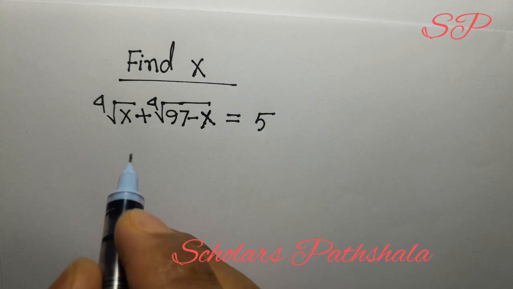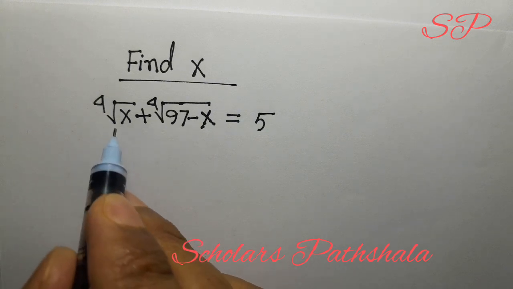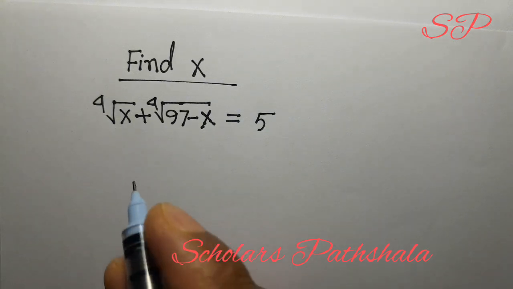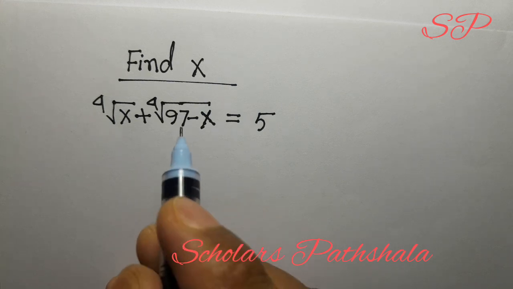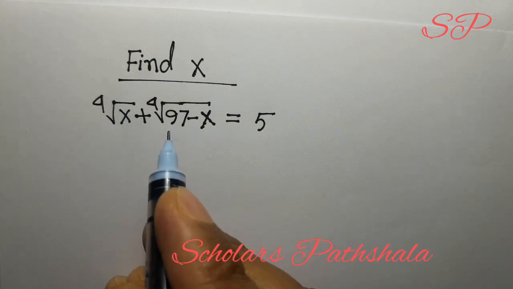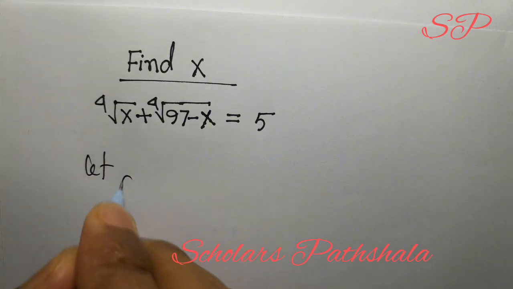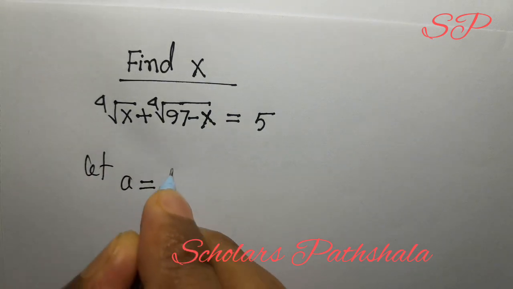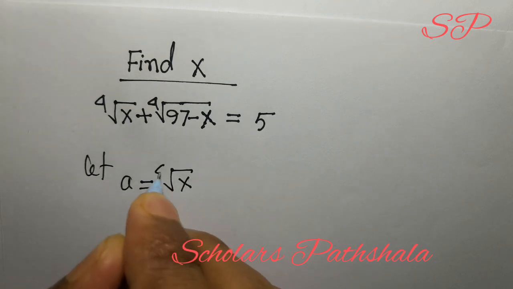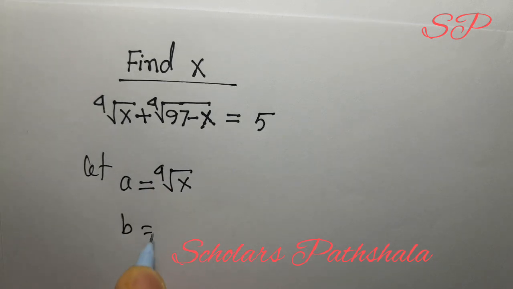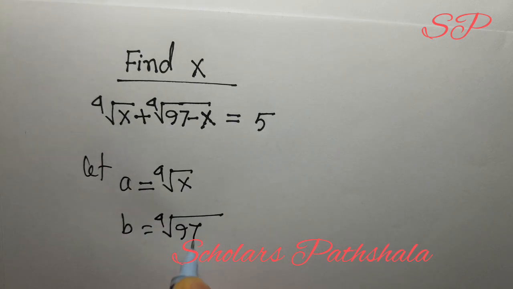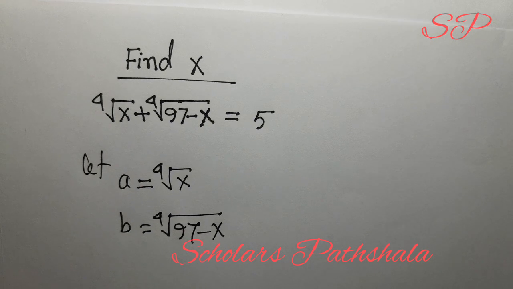Let the fourth root of x be a, so we can let a is equal to the fourth root of x and b is equal to the fourth root of 97 minus x.